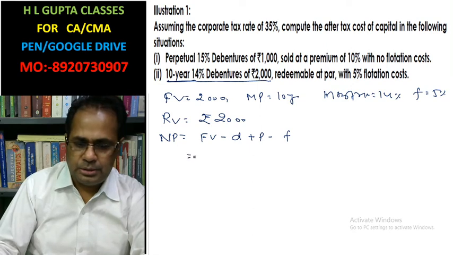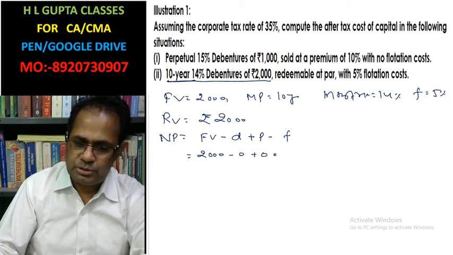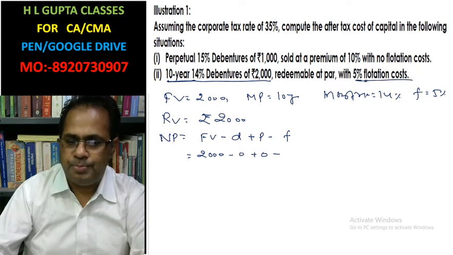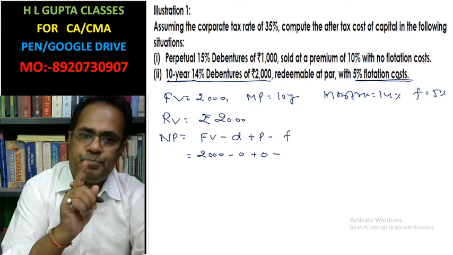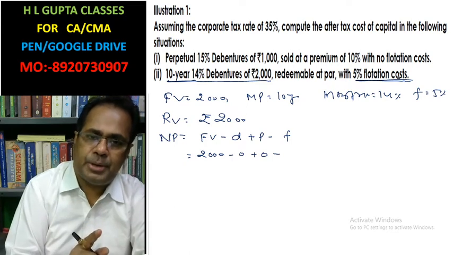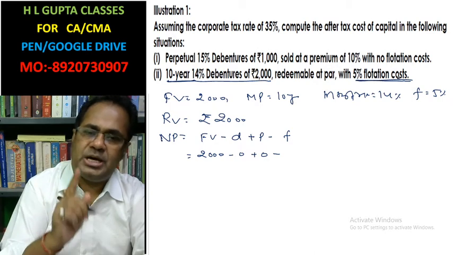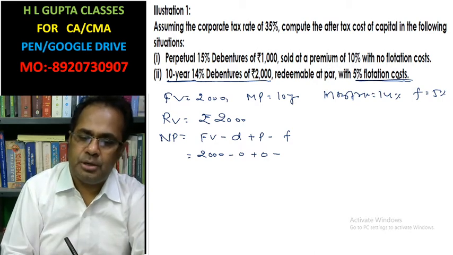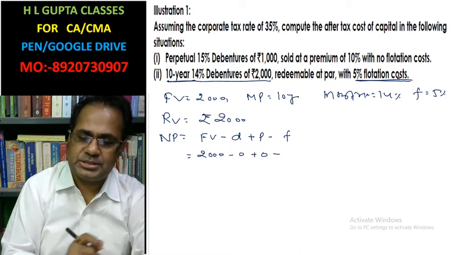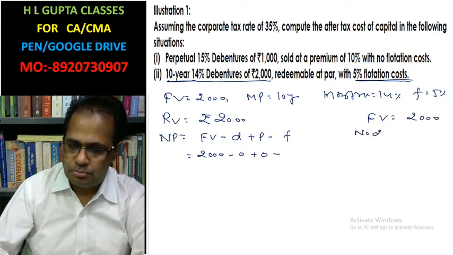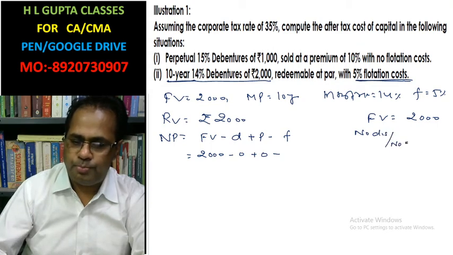Here face value is 2000, discount is 0, and floating cost is 5%. Where only floating cost is given, it is calculated on face value or issue price, whichever is higher. Here both are the same, since there is no discount and no premium.